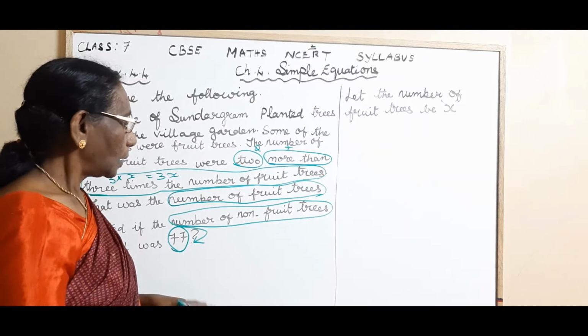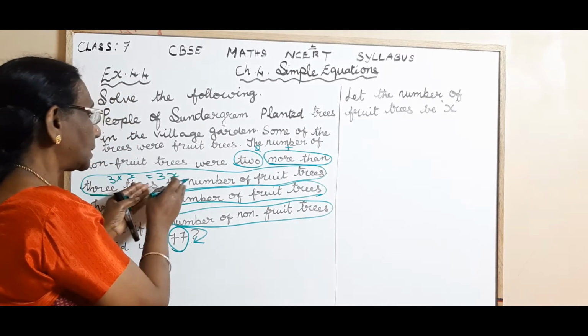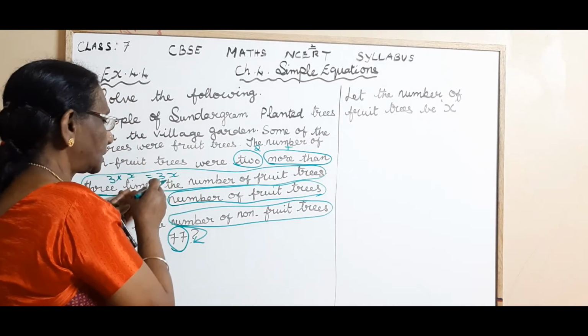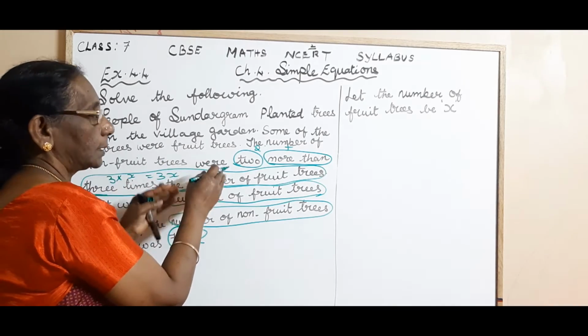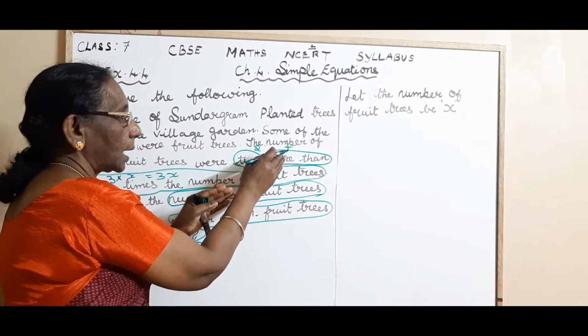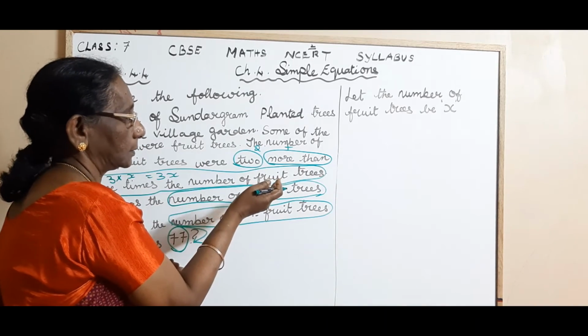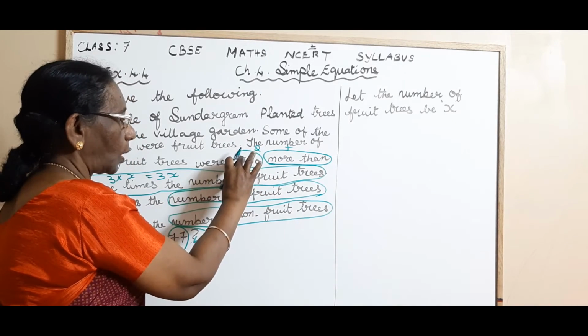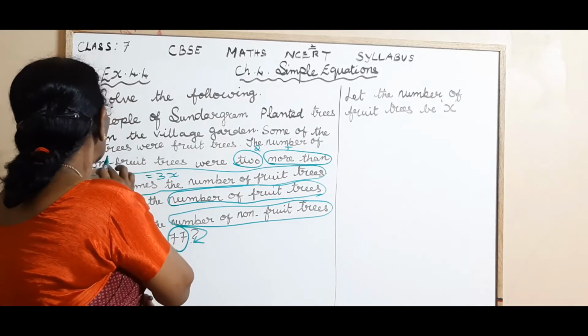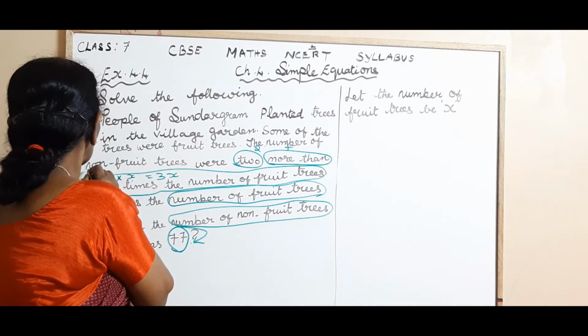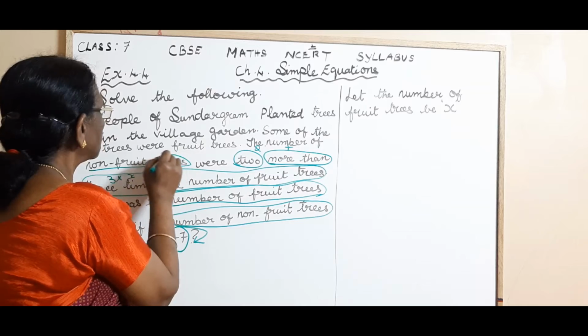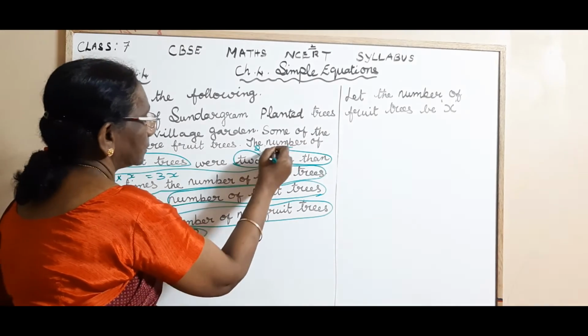Is it clear? 3 times the number of fruit trees means 3x. More than means plus, 2 more than. So this represents the number of non-fruit trees.